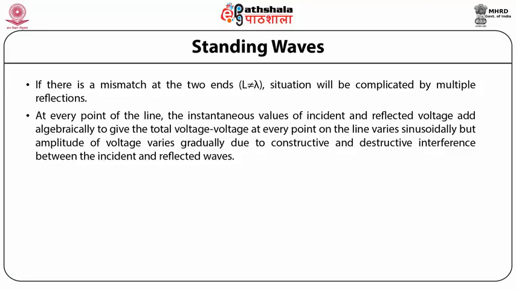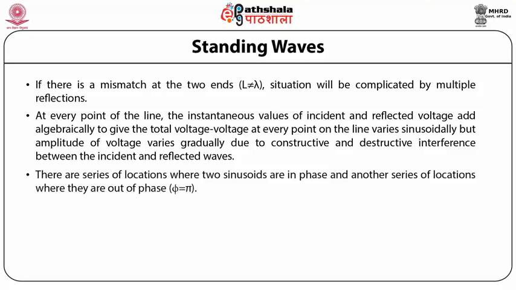give the total voltage at every point on the line. It varies sinusoidally, but the amplitude of voltage varies gradually due to constructive and destructive interference between the incident and the reflected waves.